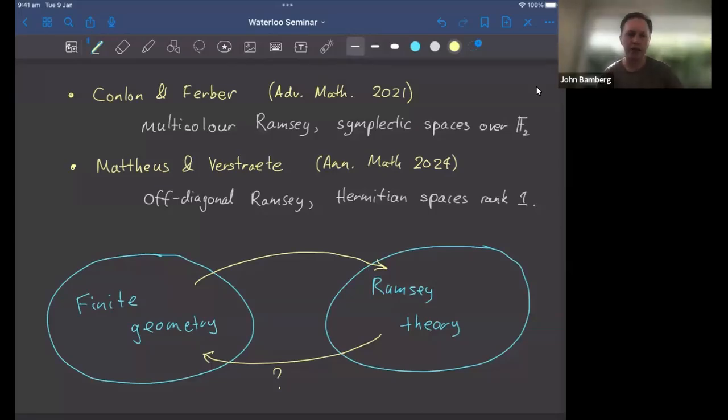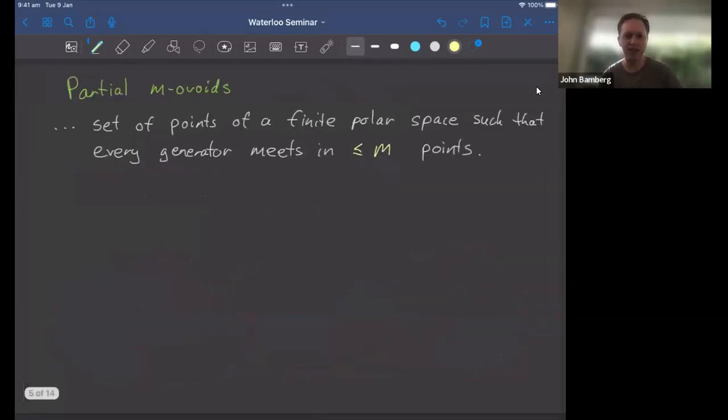Okay, to start off with, to get somewhere with configurations in finite geometry, I need to introduce another thing, and it's got quite an ugly title. So they're partial m-ovoids. I didn't come up with that. It's a little bit unfortunate that there's a parameter in the title, m, but it's quite a simple thing.